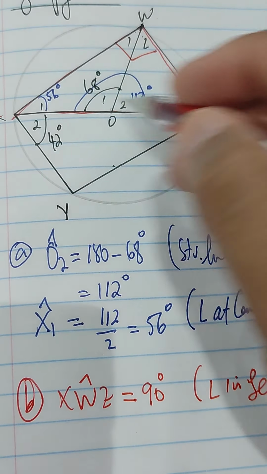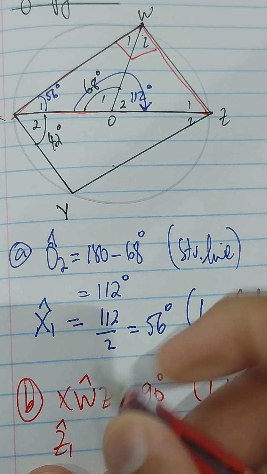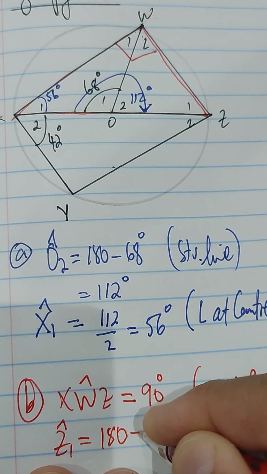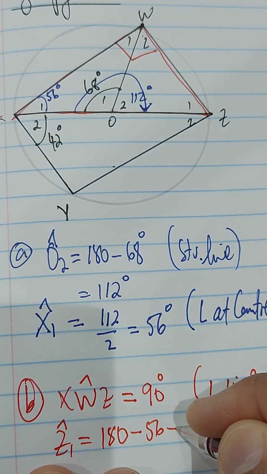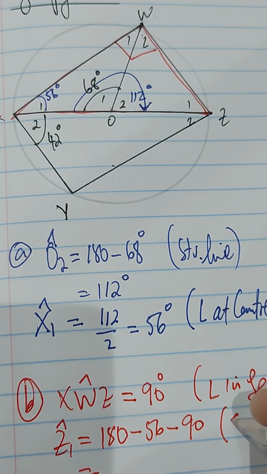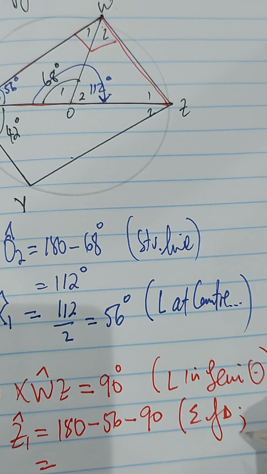So now we're going to go sum of triangles. So Z1 plus 90 plus 56 is equal to 180, the same as saying 180 minus 56 minus 90. And this is sum of triangles, in triangle XWZ.